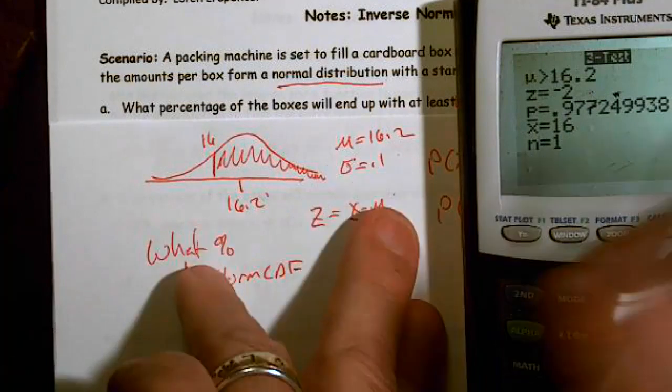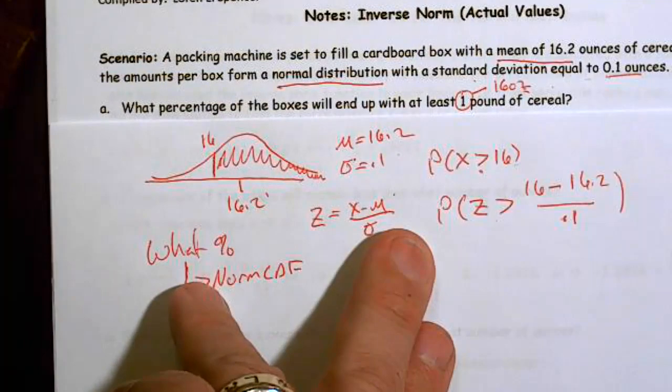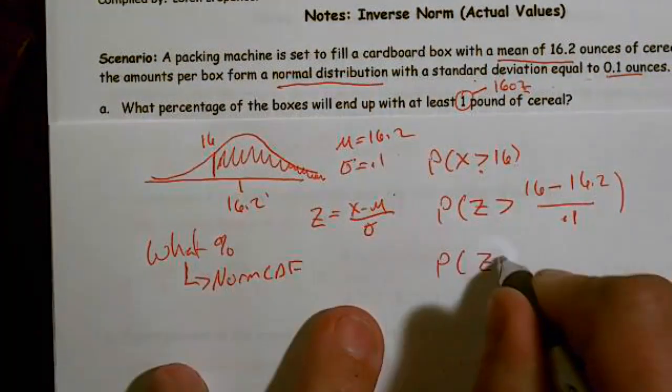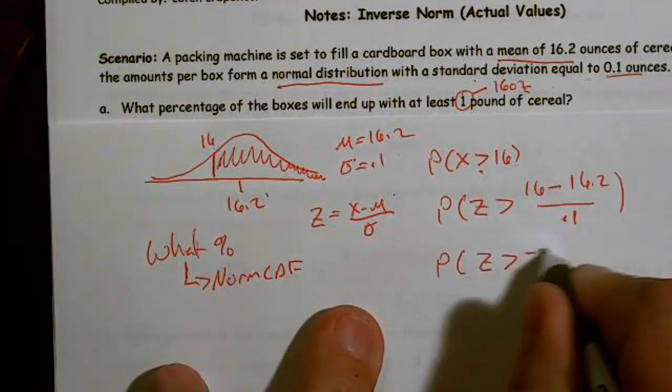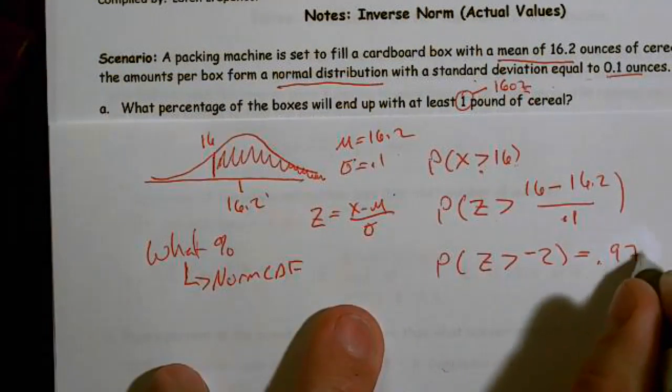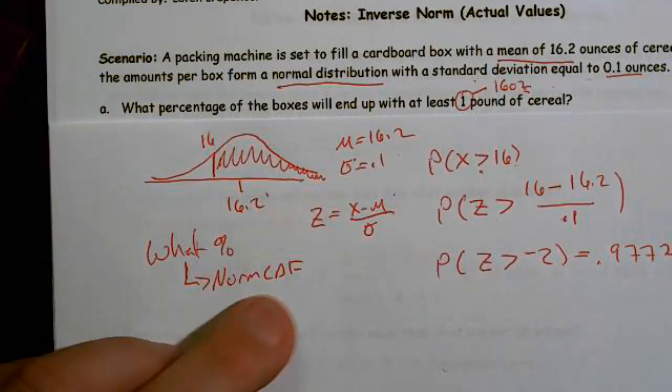And I end up getting Z equals -2. So the probability that Z is greater than -2 equals 0.9772. So 97.2% of the boxes.